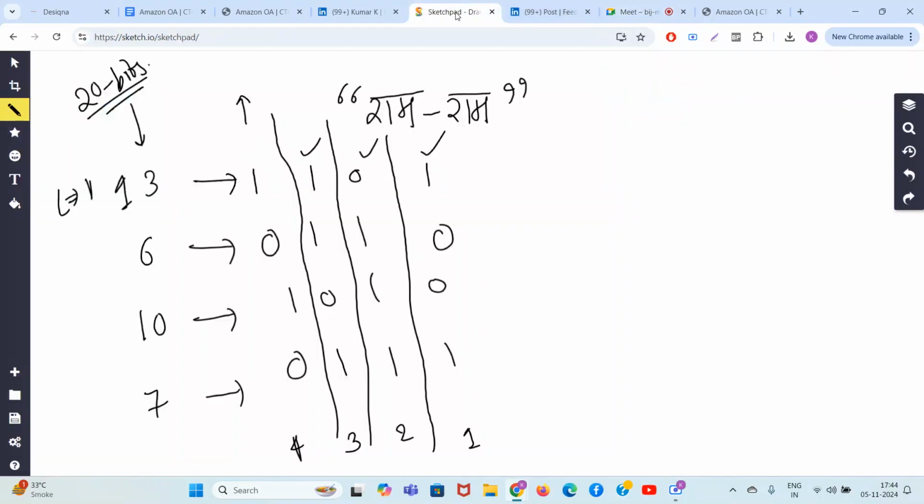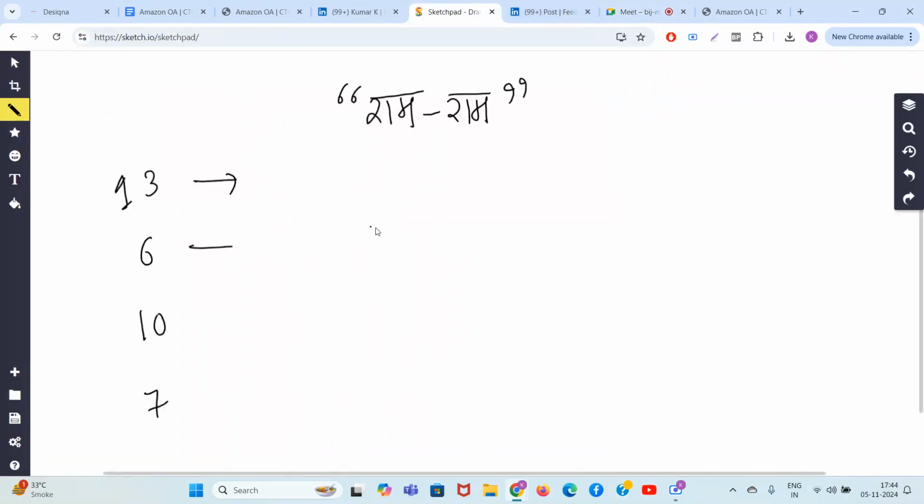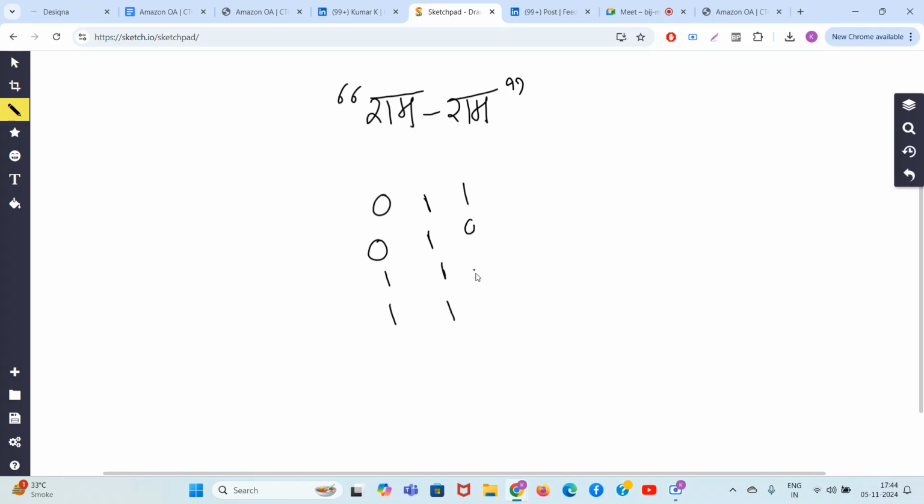Anyway, I will show it to you via some more examples. Like, there are so many examples. Let's say after the binary conversion, the numbers are looking like this. So guys, this is the first number, the second number, third number.